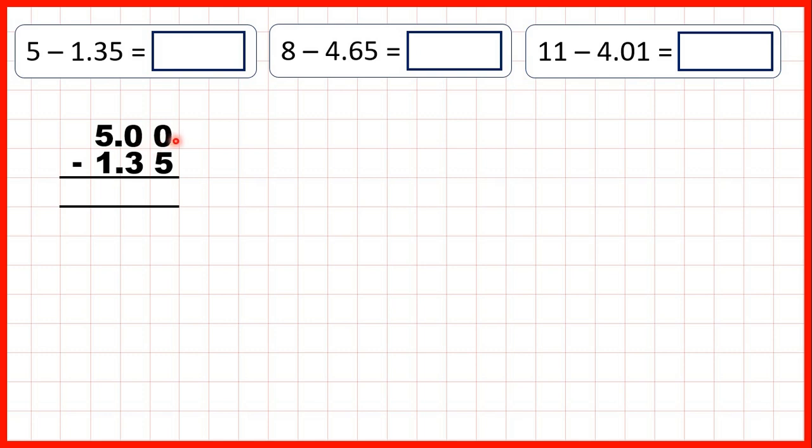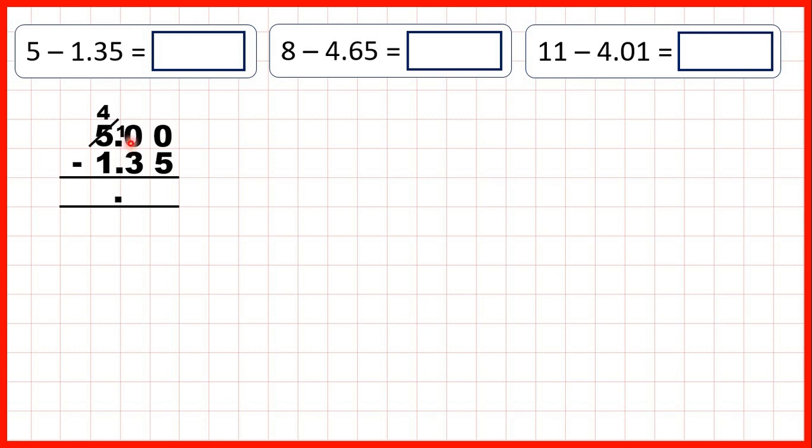But now we can solve this using column subtraction. First, we need to remember to copy the decimal point down into our answer, and now we can solve it working from right to left. So first, we have 0 minus 5. We can't do that using the column method, and if we look to the left, we have another 0. So we need to go all the way over to our ones column, 1 less, 1 in front.